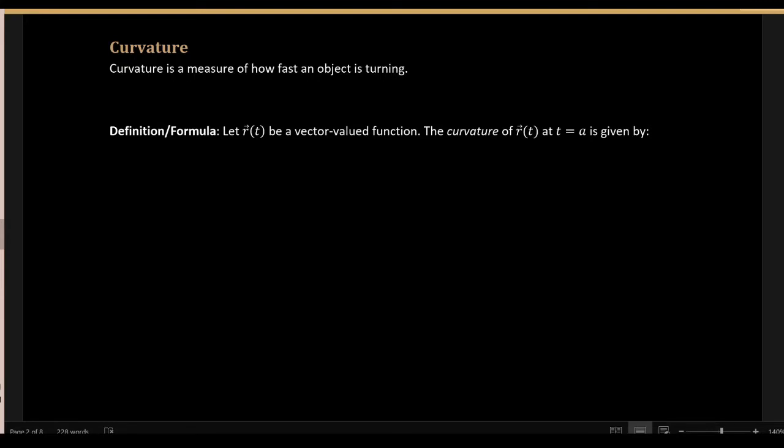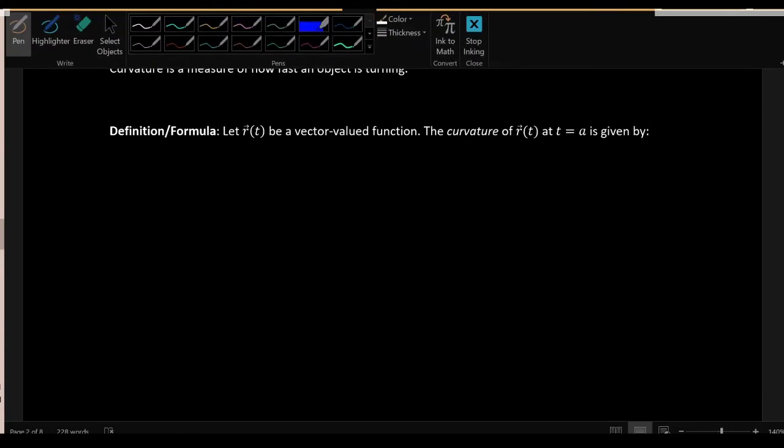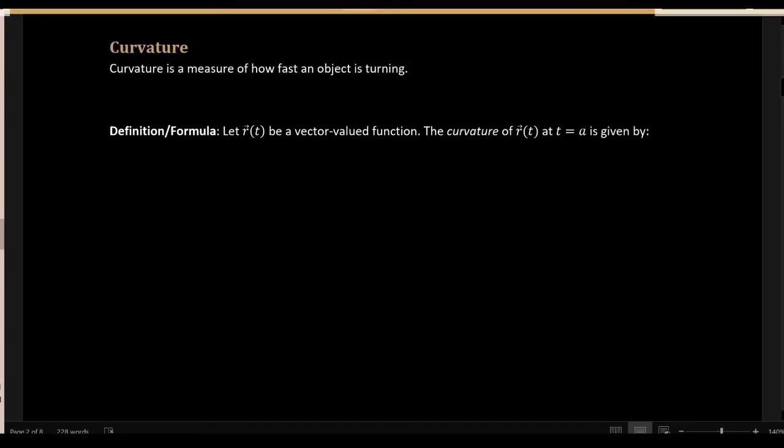There are a couple of different formulas for curvature, and which one you generally use depends on what other quantities you might be asked for in the same problem. If you are given a vector valued function r of t and you're only looking for the curvature, then generally speaking, the most convenient formula is the following.